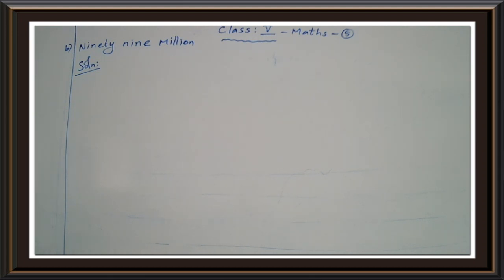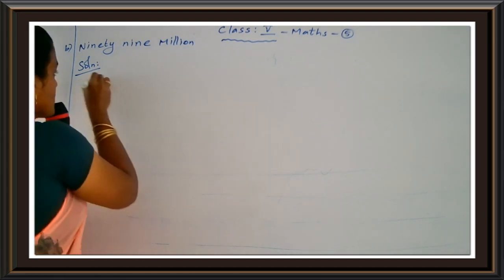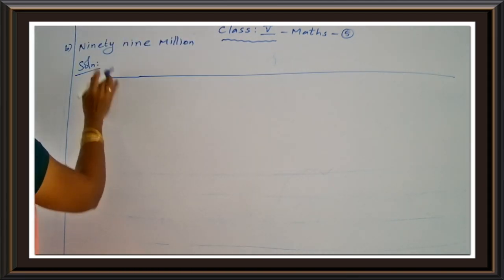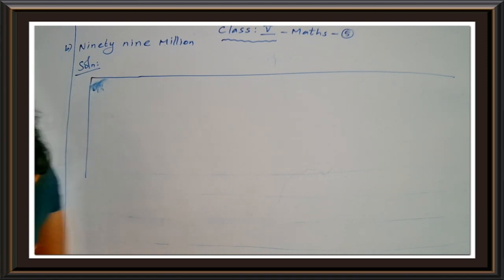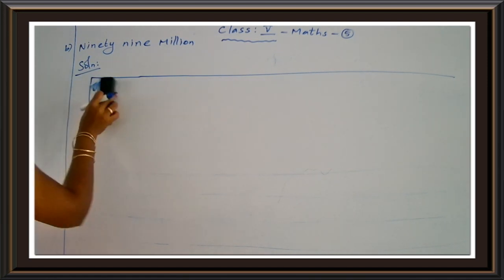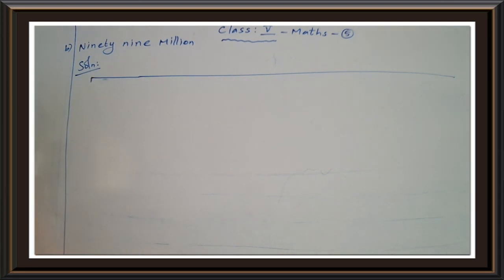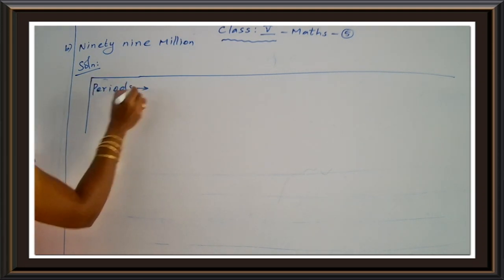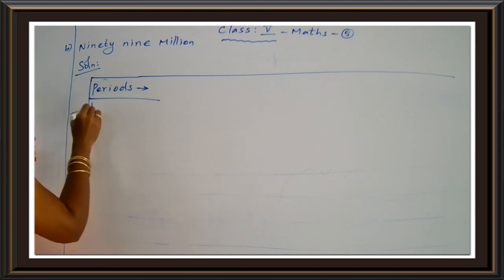First of all, make a place value chart. So draw the place value chart table. First is periods. Second is place value.